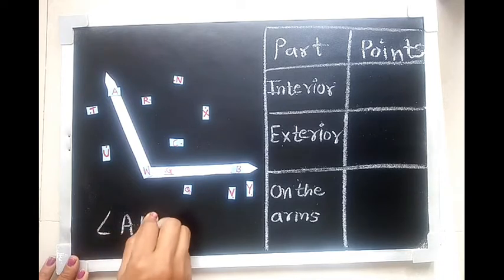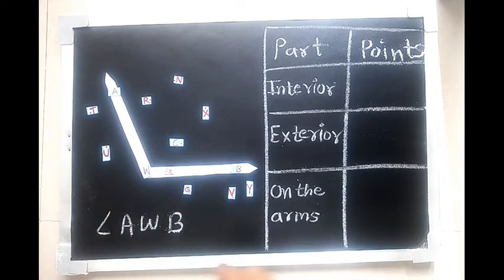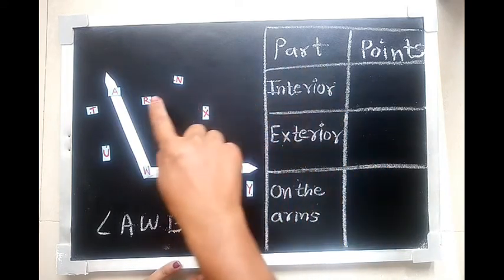Write down part, interior points, exterior points and points on the arms.